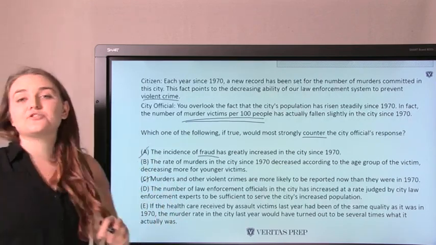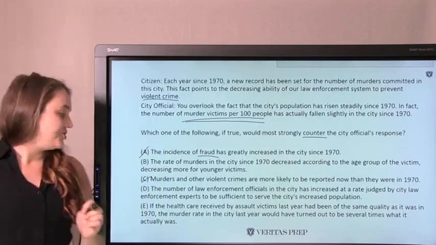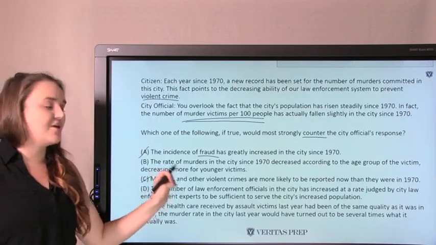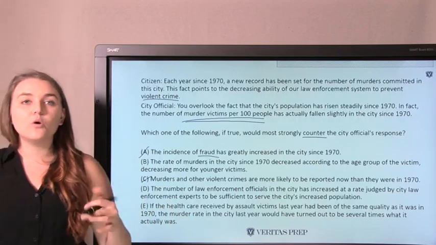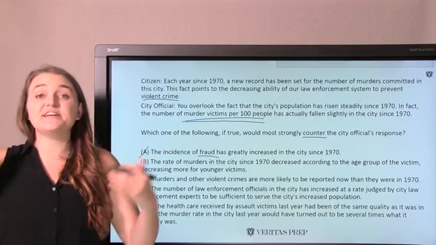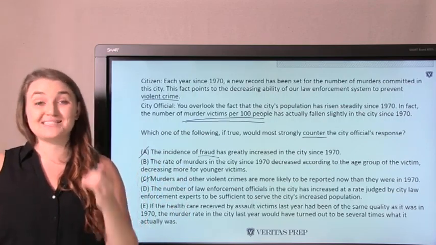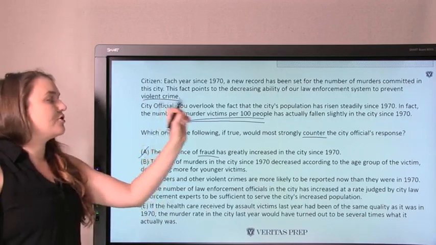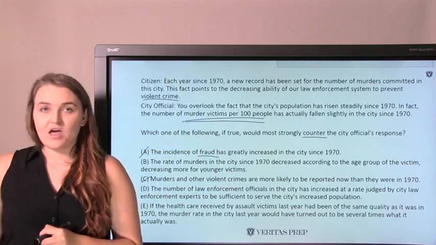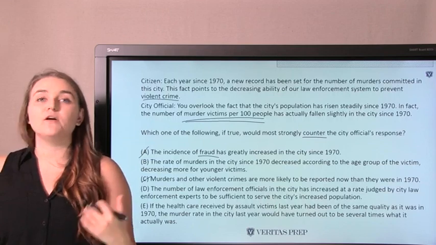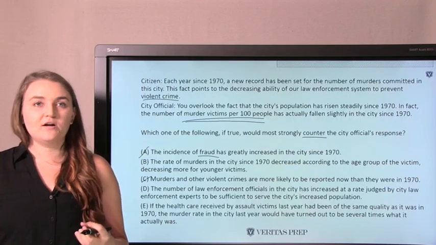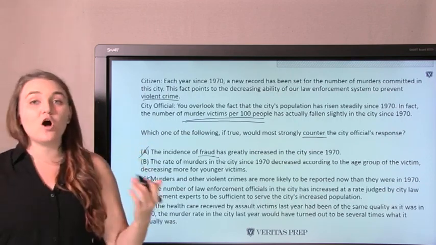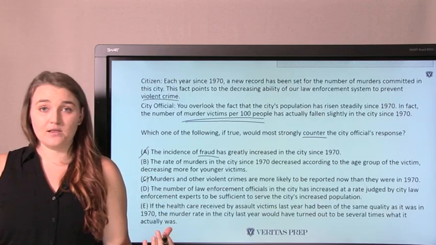So let's talk about how it strengthens. Sure, let's circle back to this. So if murders and other violent crimes are more likely to be reported, if we're missing fewer of them in our reports, and the murder rate has fallen slightly, this tells us that we don't run into a situation where the city official could be wrong because they're missing some along the way.